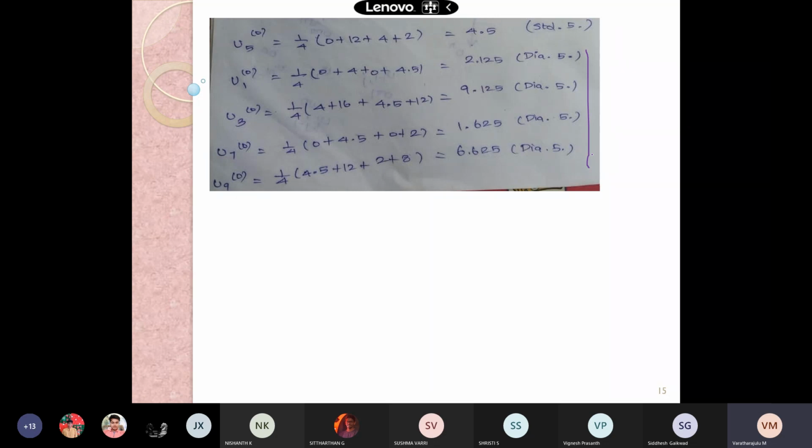We don't have any other possibilities, so we depend on the diagonal 5-point formula. A is 0, B is 4, C is 0, D is 4.5. 2.125, right? Yes, sir. Then you continue with U3.